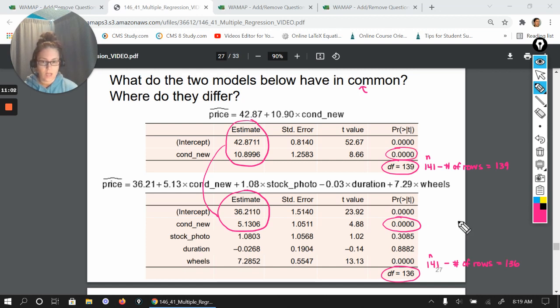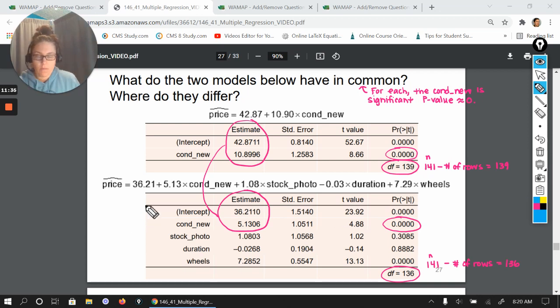So that means that the condition is very significant. Okay, what else can we say?